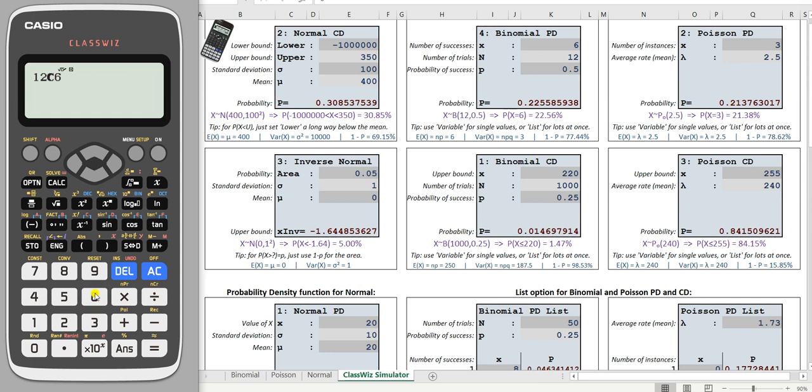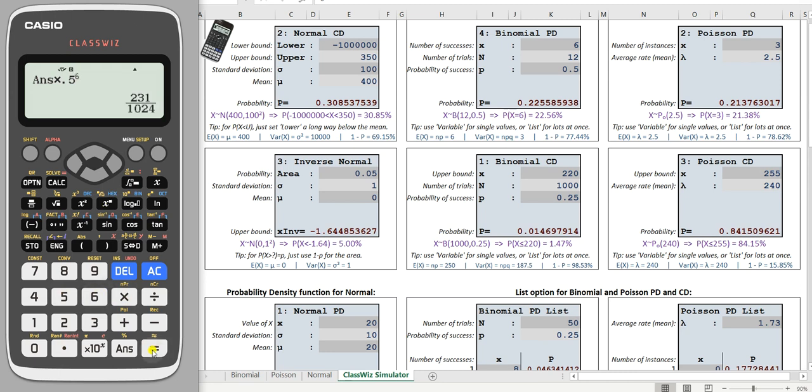That's the number of different ways that you could get 6 tails out of 12 coin tosses. They don't all have to come at once. You could have head, tail, tail, head, tail, tail, head, and so on. There's lots of different ways that can happen, 924 to be precise. You'd multiply that number by the probability of success to the power of the number of successes, and then you'd multiply by the probability of failure to the power of the number of failures.